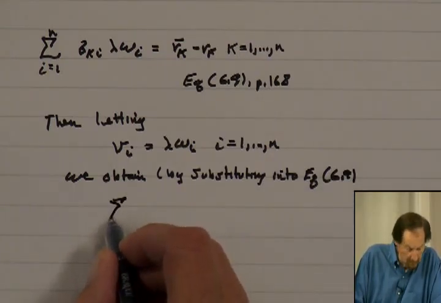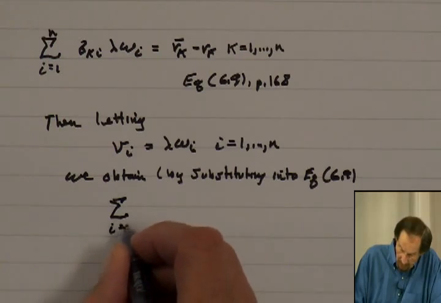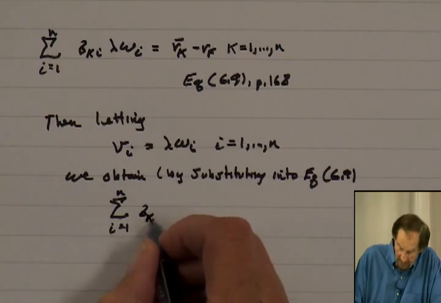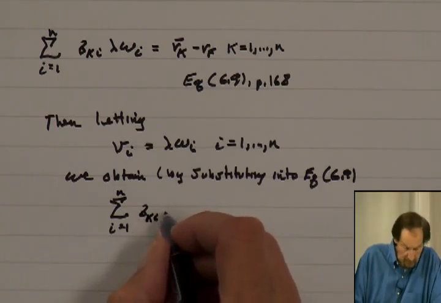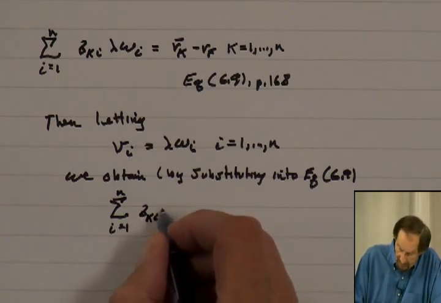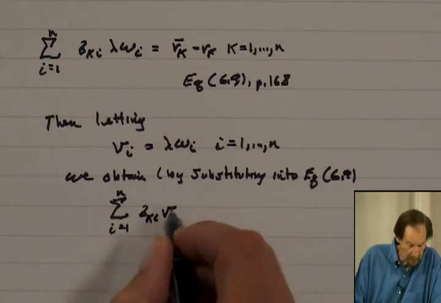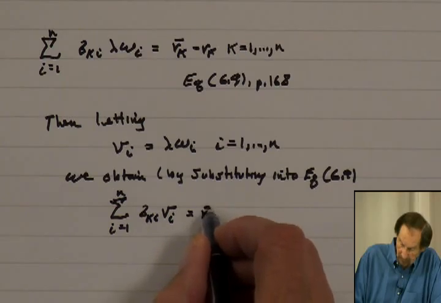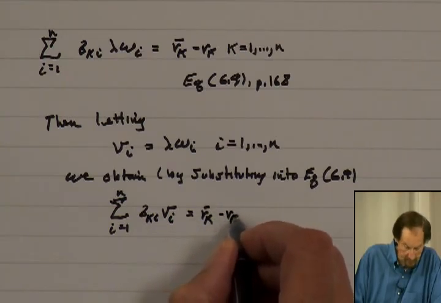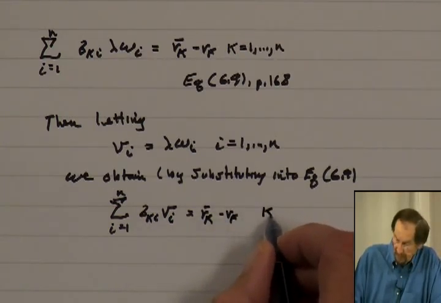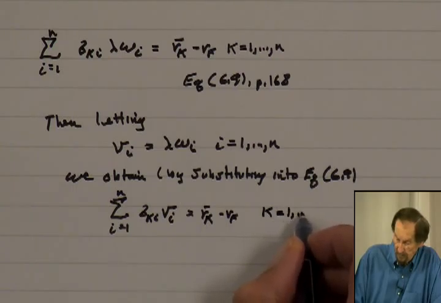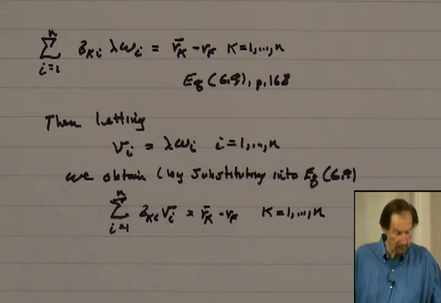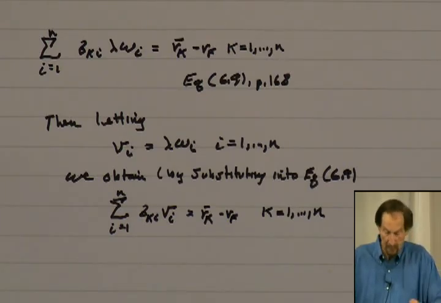We get the sum, i equals 1 to n, sigma ki times vi equals rk bar minus rf, k equals 1 to n. Okay, now we're almost there.